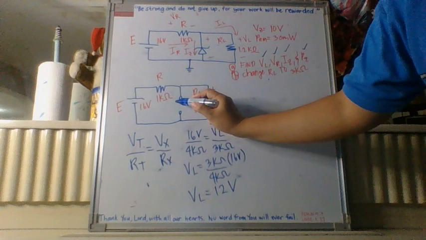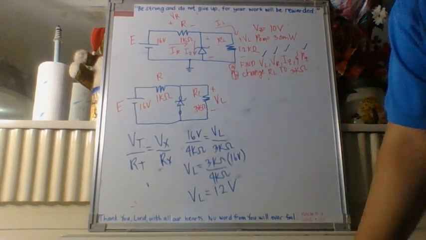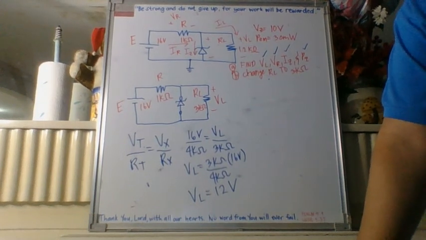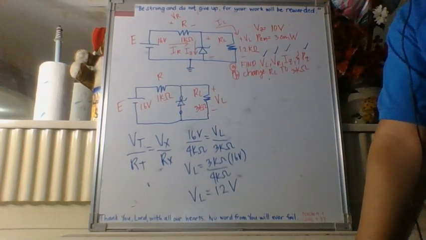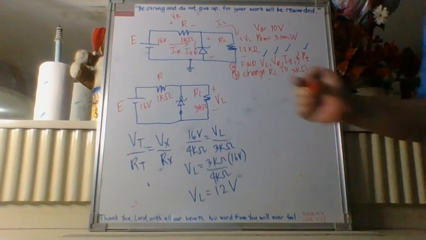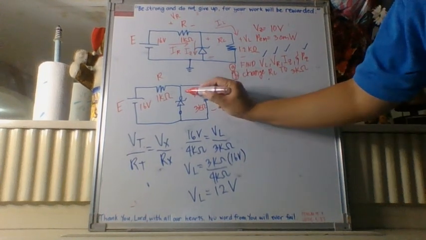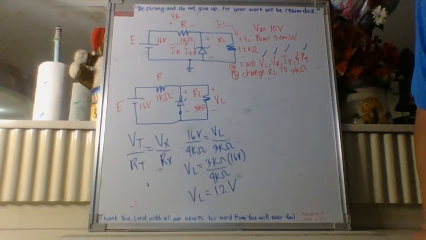So, lalagyan natin ngayon ng Zener diode. Ibabalik natin siya. Okay? If it is not conducting, pwede nating tanggalin because it is an open circuit. But since it is now conducting, ilalagay na natin Zener diode with the proper polarities, alright, and the proper currents.